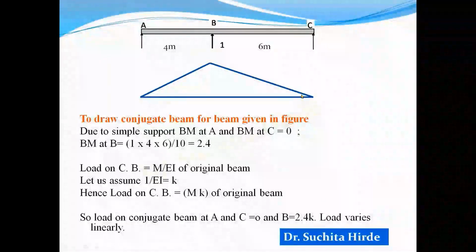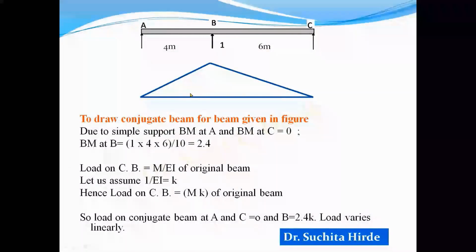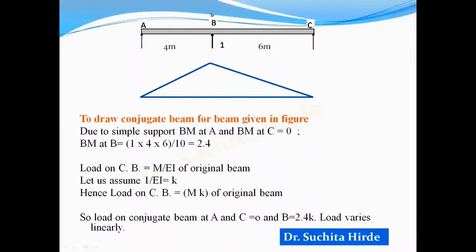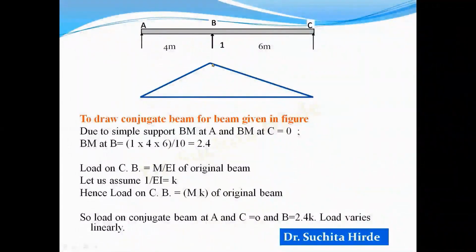Now let us see how this conjugate beam will look like. Now you can see this load is upward. This load is upward means bending is hogging. If the bending moment is hogging, then we have to consider the load on the conjugate beam as downward. Let us see how it will look.